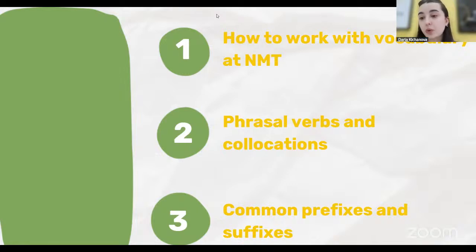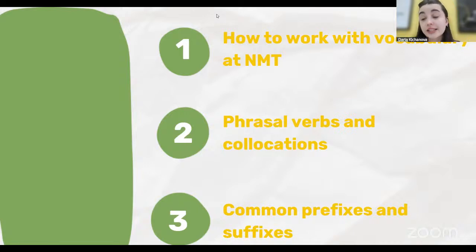Then we will move on to the topic of phrasal verbs and collocations. And we will finalize our webinar with common prefixes and suffixes, as they are sometimes crucial on our test, and we need to understand how to distinguish between nouns, for example, and verbs.